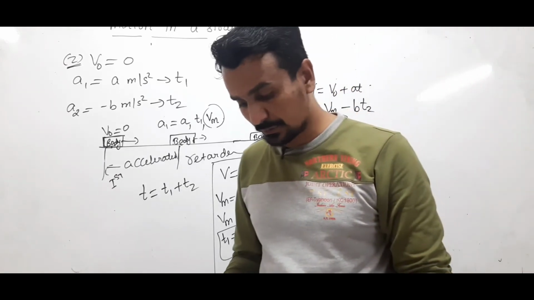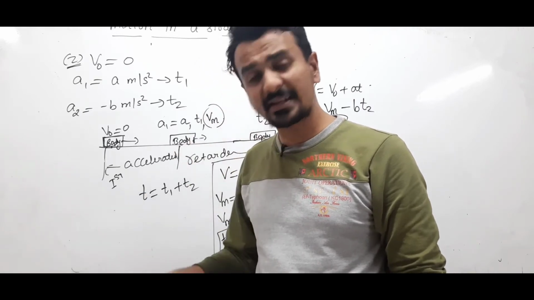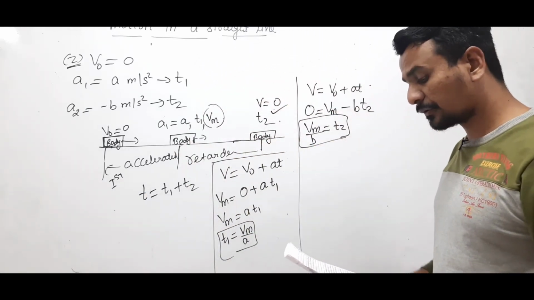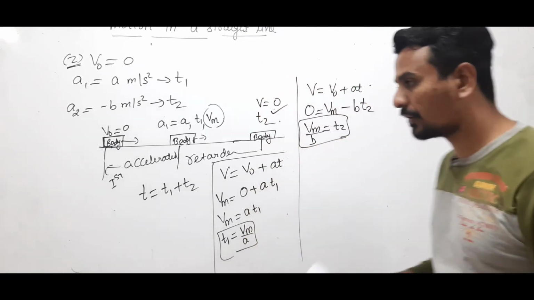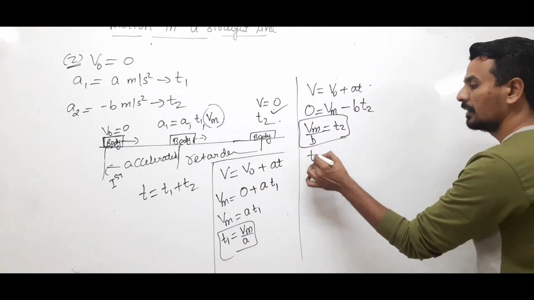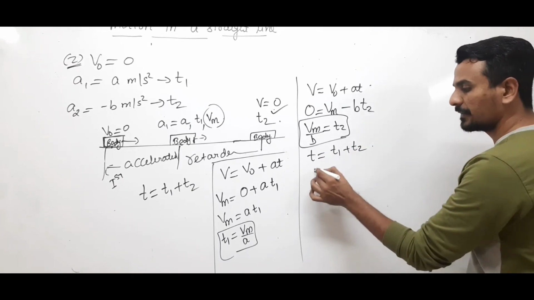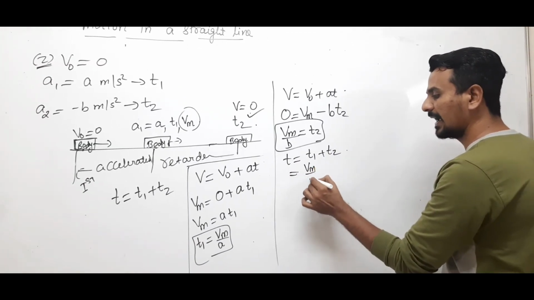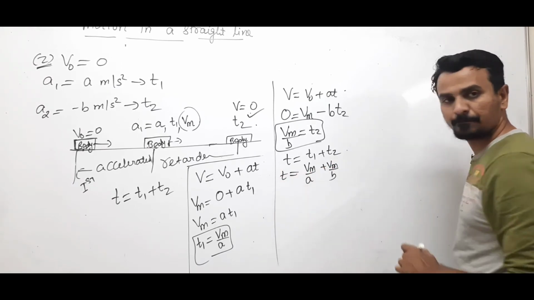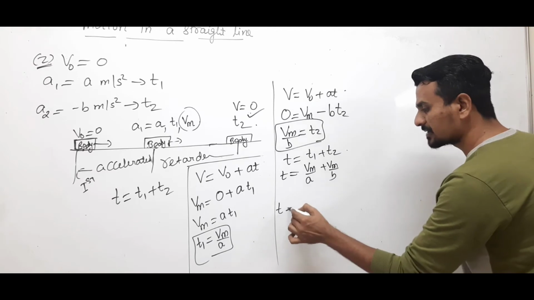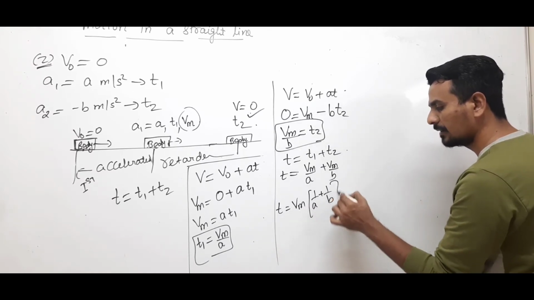Clear? Now in the question it is said that the maximum total time elapsed is t. So you have to calculate the maximum velocity, and the options are in terms of time. So we can use this equation. Total time is t1 plus t2. So instead of t1 and t2 I can write Vm by a plus Vm by b. This will be equal to t. So t is equal to Vm, taking it common, 1 by a plus 1 by b.